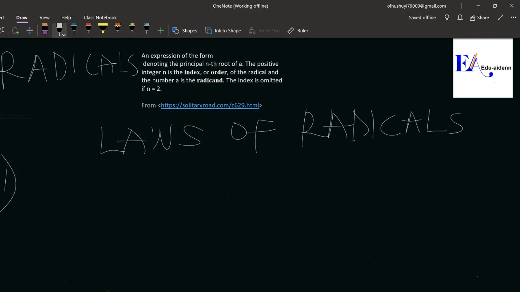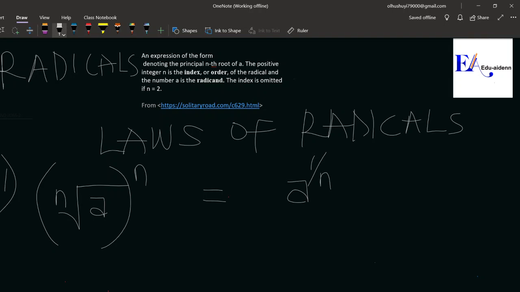One, you have the nth root of a, all raised to power n. What would that become? Don't forget from your indices, this is the nth root. Leave the power outside alone. This means a raised to power of 1 over n.